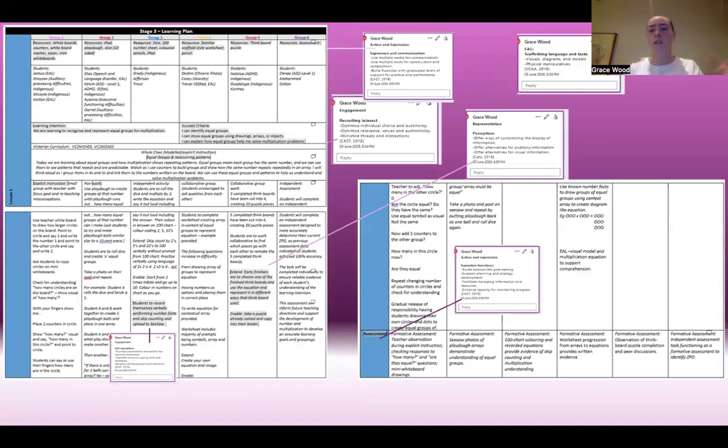I think a whole class can have a specific yet broad enough learning intention and success criteria that can help all students thrive, because they're all still working on multiplication, but what they're working on is slightly different, which is in line with the Universal Design for Learning.